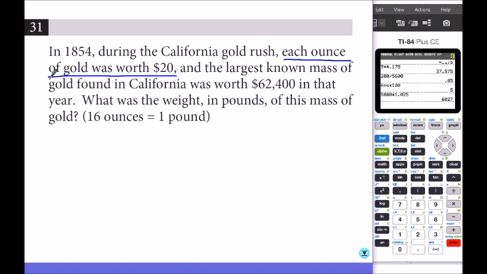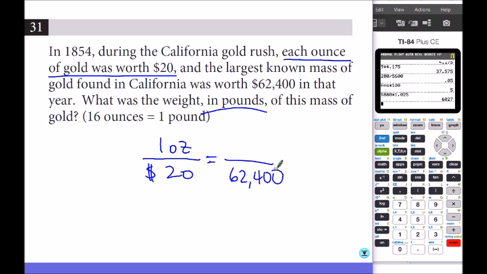What was the weight in pounds of this mass? So let's set up a ratio. So 1 ounce is $20. And how much was this? 62,400. So let's find it in ounces first, okay?